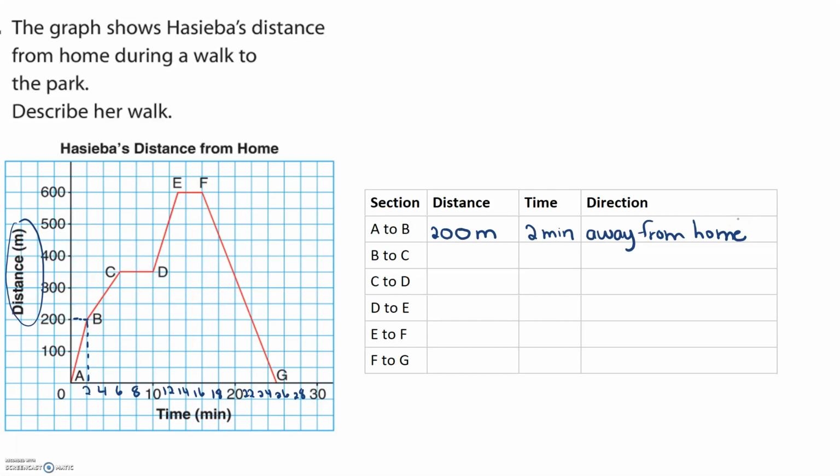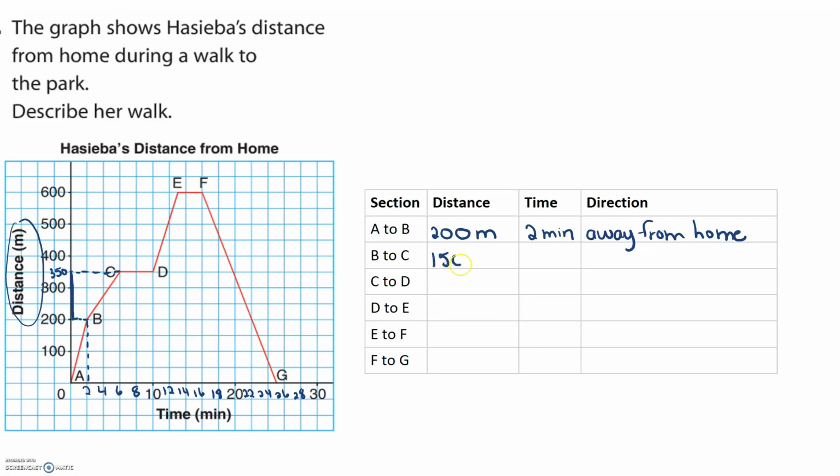Now the next section is from B to C. Section B starts at 200 and C finishes at 350. So if we went from 200 to 350, the distance is only 150.